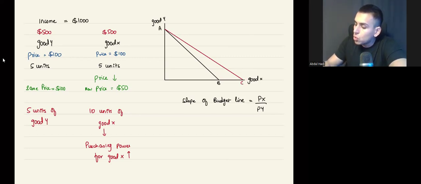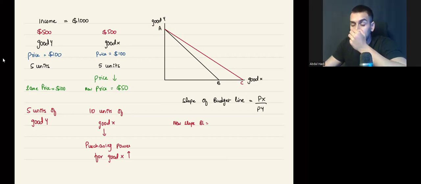Now, what about the slope of budget line? The new slope of budget line. As you can see, my Y is still the same, but my X is changing. This means that the slope of budget line specifically for good X is changing. So I have to represent it with a new variable and explain to the examiner that the slope of budget line for good X is changing while for good Y it is still the same.